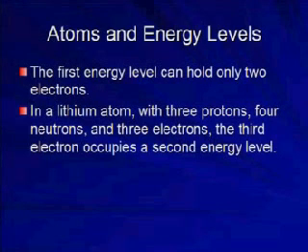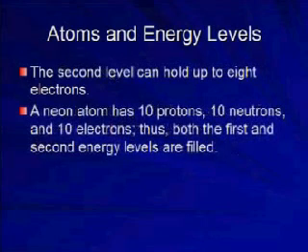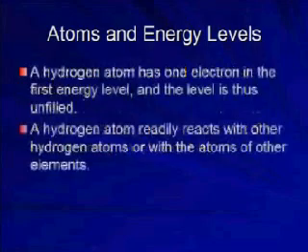Now, in a lithium atom with three protons, four neutrons, and three electrons, the third electron occupies the second energy level. The second energy level can hold up to 8 electrons. A neon atom has 10 protons, 10 neutrons, and 10 electrons. Thus, both the first and the second energy levels are filled.